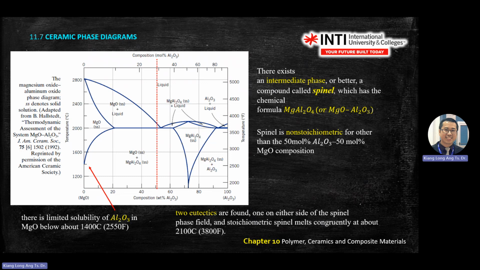So even though you pour a lot of MgO on top of the Al2O3 at 1400 degrees C or less, you will see it like Milo powder on top of your coffee. Okay, it won't dissolve inside there. So it shows you the eutectic point. There is a eutectic point here.